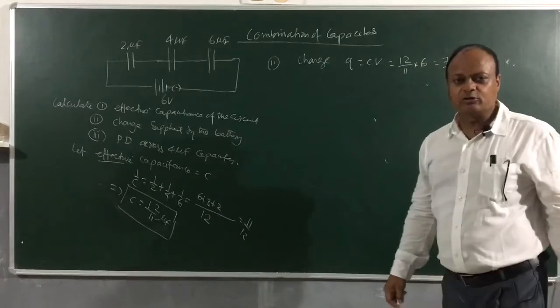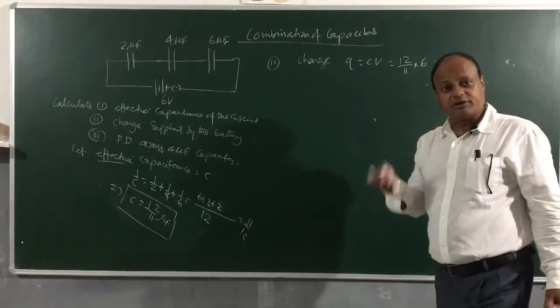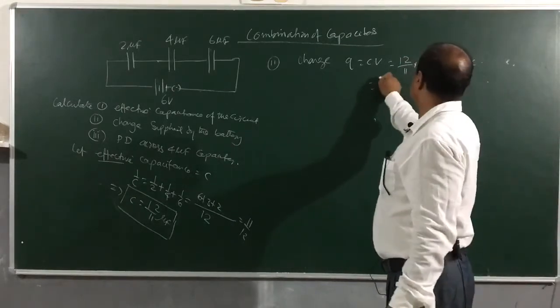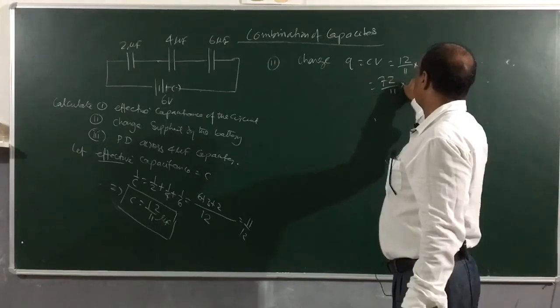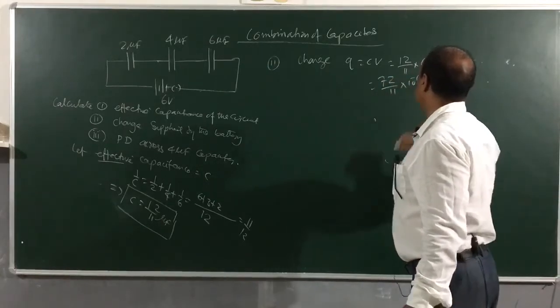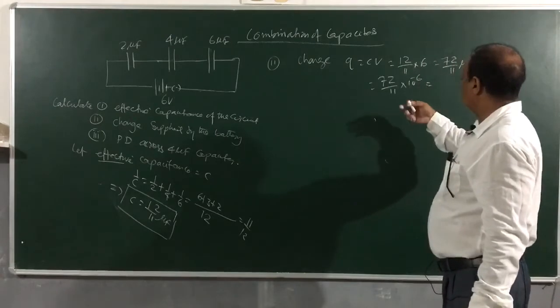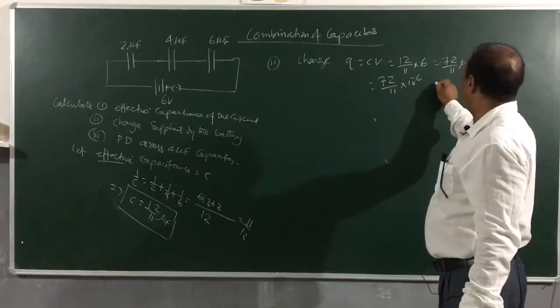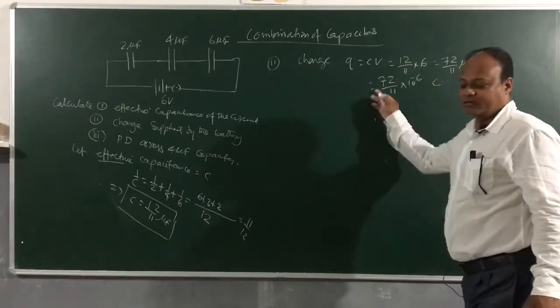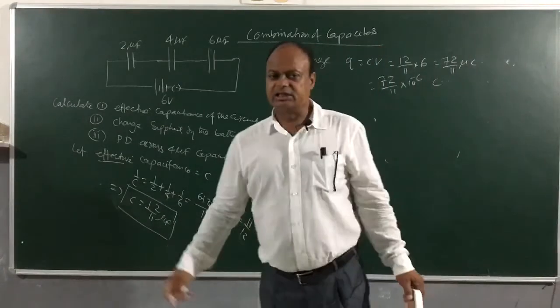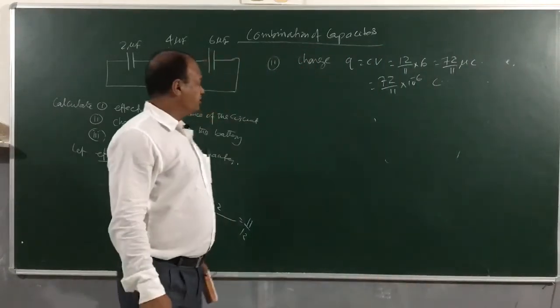What will you write? Microcoulomb. Or if you wish, you can convert into coulomb also. So 72 by 11 into 10 to the minus 6, so this will be in coulomb. You can divide if you want, otherwise leave the answer here. This much of coulomb.